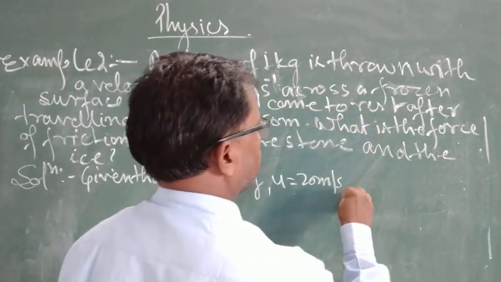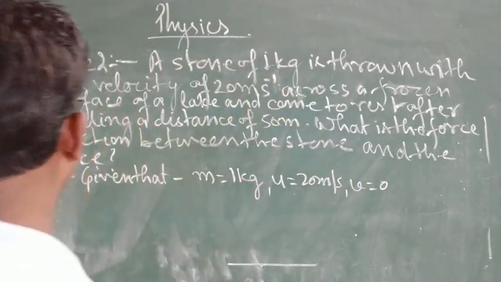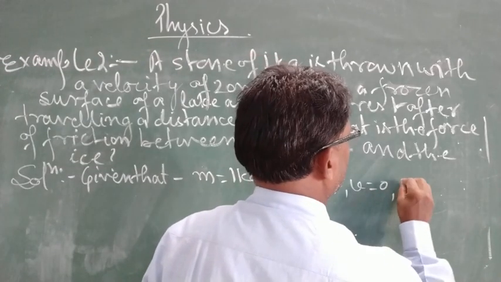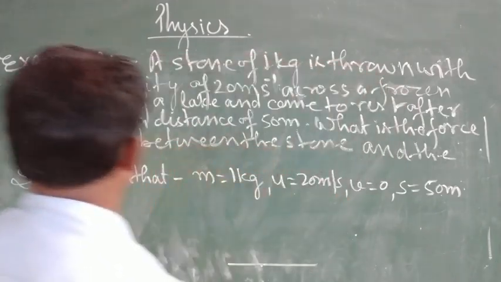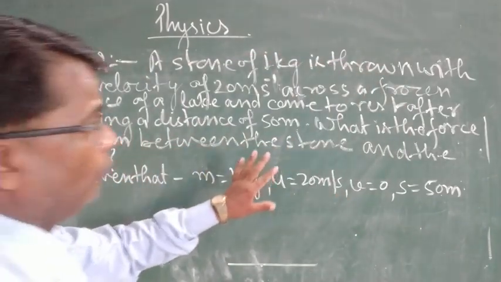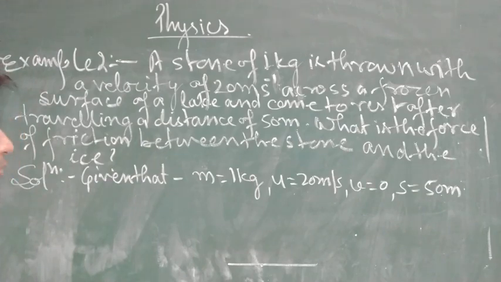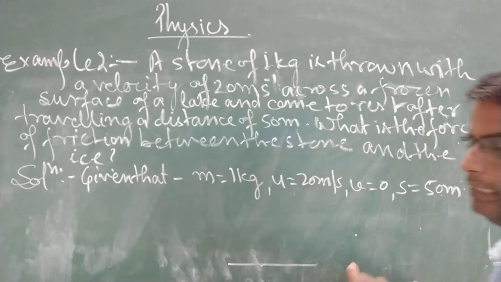What does that mean? Final velocity v is equal to 0 after traveling a distance of 50 meter, s is equal to 50 meter. What is the force of friction between the stone and the ice?